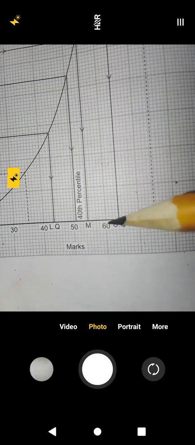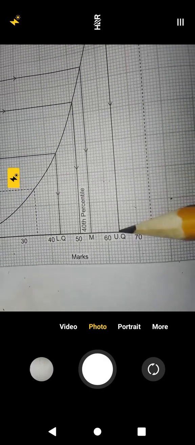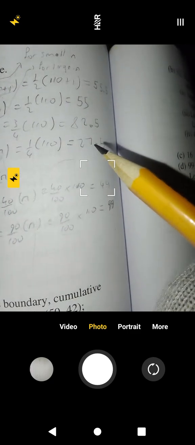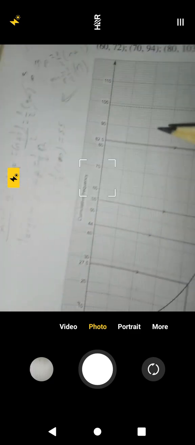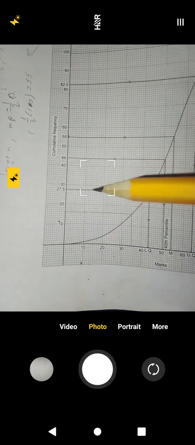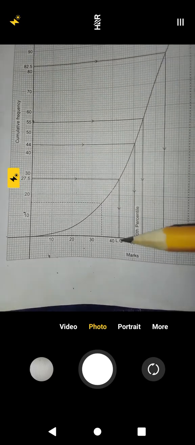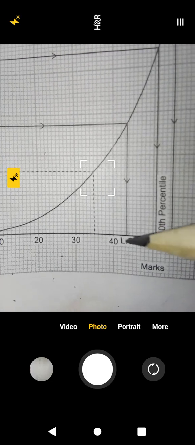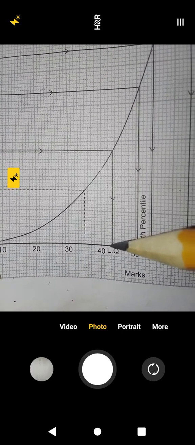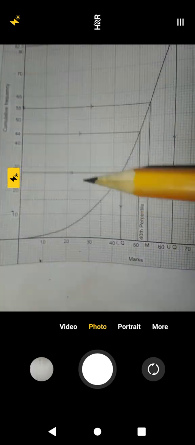We should have found 64 to be the upper quartile, and then the lower quartile is 1/4 of the total frequency, which evaluates to 27.5. It corresponds to the lower quartile, which is 43.5.